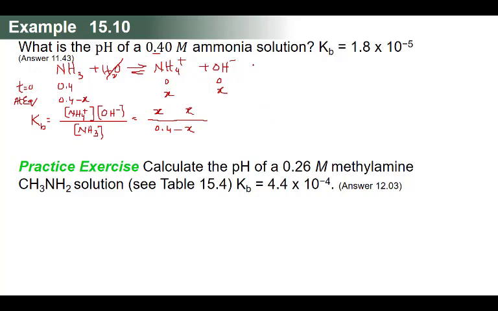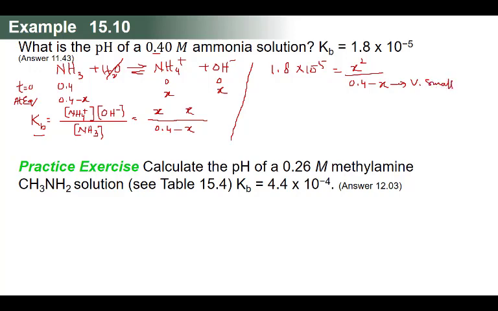Kb is 1.8 into 10 to the power minus 5, as given in the question, equal to X square divided by 0.4 minus X. This X is very small, so we can neglect it.